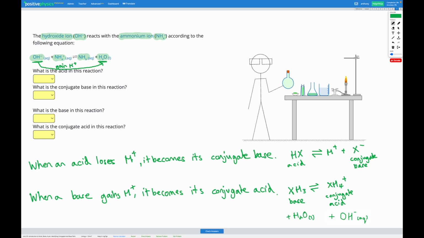So if OH- is gaining H+, that must mean it's a base, because remember, acids donate H+, bases gain or accept H+. So that means that OH- must be the base. Now, according to our definition, when a base gains H+, it becomes its conjugate acid. So that means H2O is the conjugate acid of OH-.